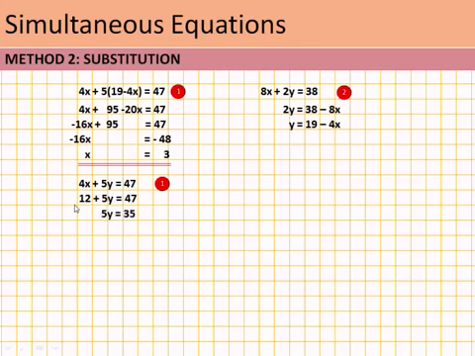Take away the 12 from both sides, 5y equals 35, divide both sides by 5, y equals 7, and then just use the other equation to check it. 8x plus 2y equals 38, 24 plus 14 equals 38. That works, so we know we've got the right answer. So it's the same answers again, x equals 3, y equals 7, but a slightly different method.